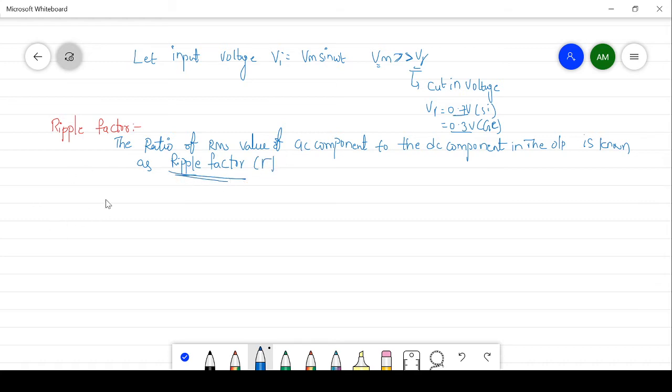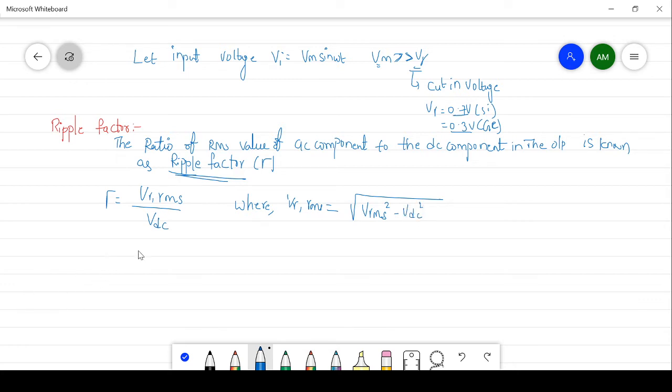So already we know this. Ripple factor is nothing but the ratio of the RMS value of the AC component, that is Vr RMS, to the DC component, where Vr RMS is equal to square root of Vrms square minus Vdc square.